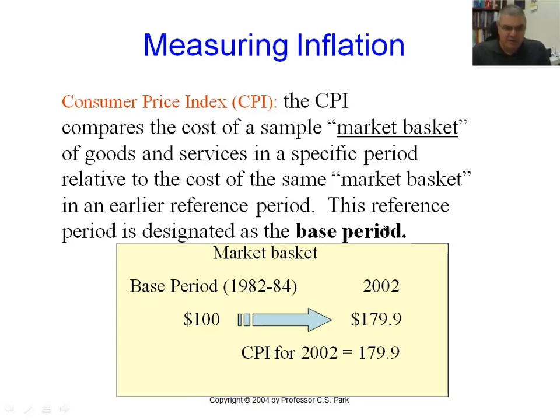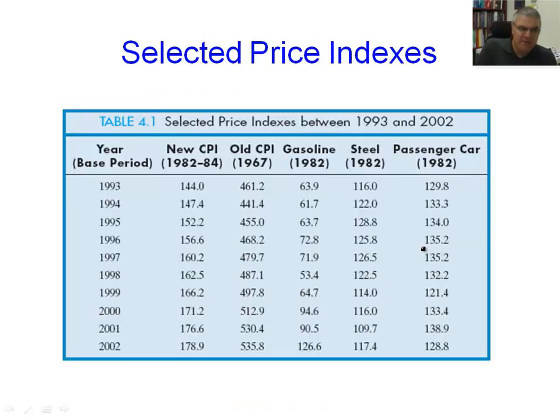So the CPI of 2002 was actually 179.9. So it's very important to realize that would be the consumer price index for 2002, 179.9. Okay, so that's important to define here. So again, the base period in this case is $100 in the example I gave you.